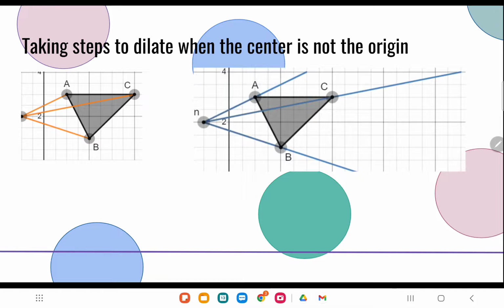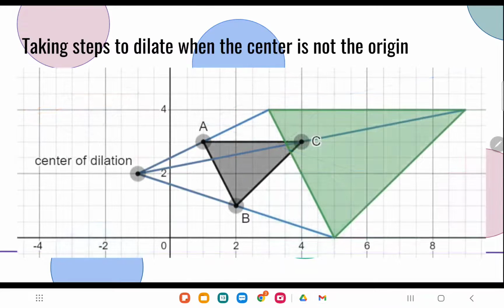Here, I've multiplied. My scale factor for this figure is 2. So you can see I've multiplied these and gotten my larger vectors. And then I go ahead and I plot my new figure with my new vectors.